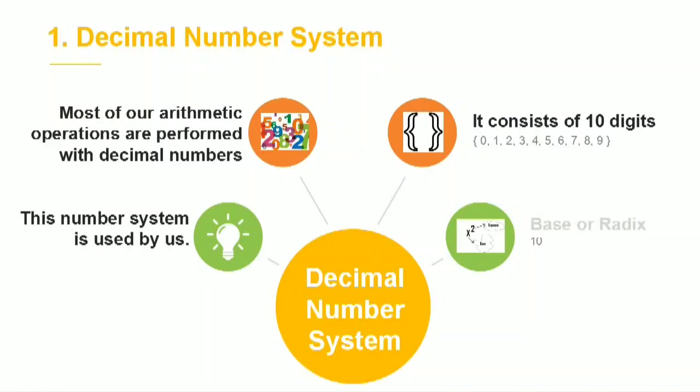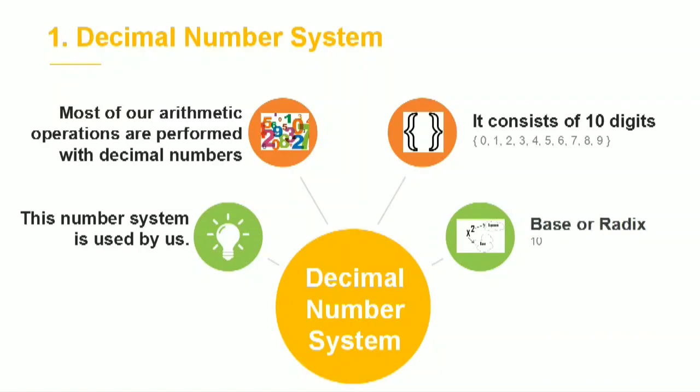Now, the base of the decimal number system is 10. Why 10? Because it consists of 10 digits, that is from 0 to 9. So that is why the base of the decimal number system is 10. This all we know in maths subject.